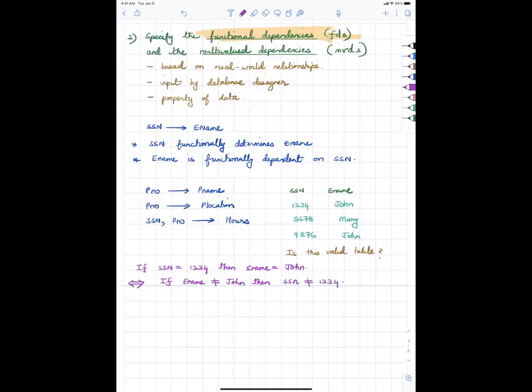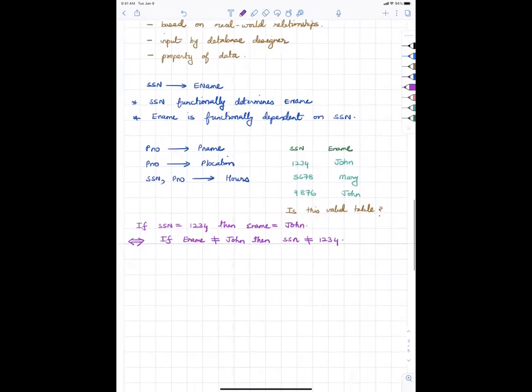Now, these two are equivalent statements. If SSN is equal to 1, 2, 3, 4, then e-name is John. If e-name is not equal to John, then SSN is not equal to 1, 2, 3, 4. But I am not saying that if e-name is John, then SSN is equal to 1, 2, 3, 4. That is not what this is saying. That's the thing you have to really understand.